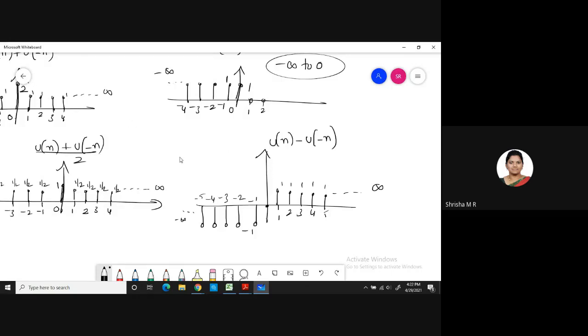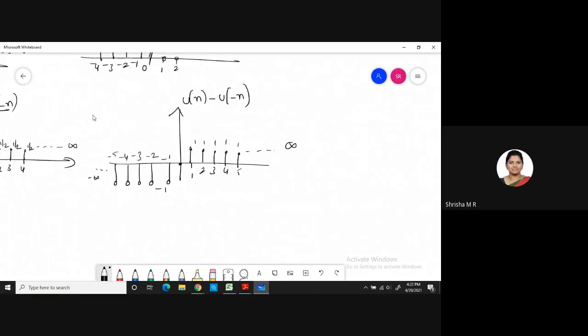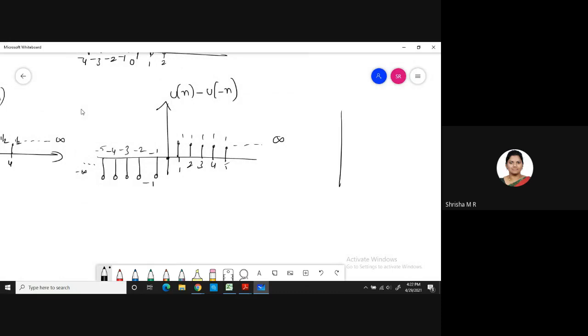Now if you scale it by a factor 2, what do you get? u of n minus u of minus n by 2. So what do you get? At n is equal to 0, it will be 0 only. For positive values of n, it will be 0.5.